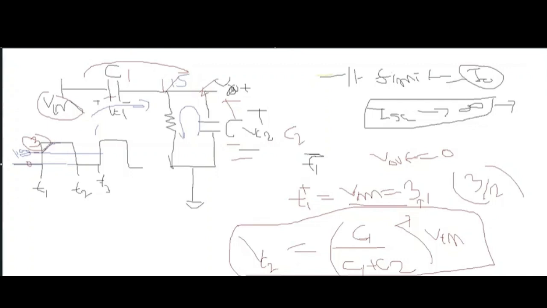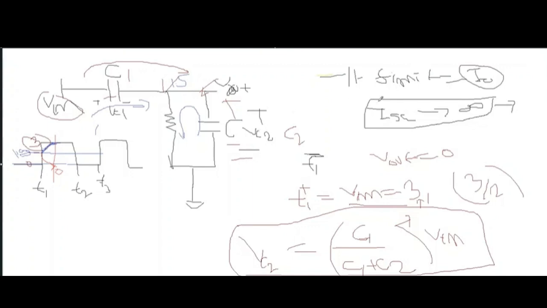Once it has reached 3 volt, it will be open circuited. At the same time, VC2 starts decreasing. At this instant, VC1 capacitor will charge to 3 volt and VC2 will discharge to 0 volt.